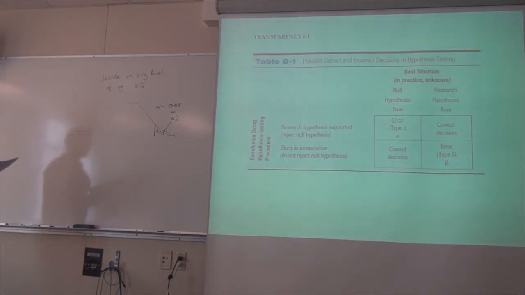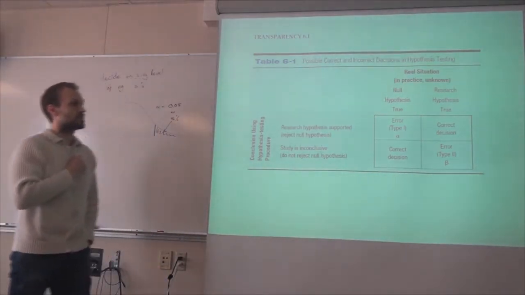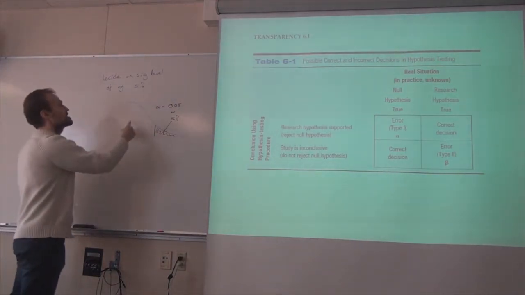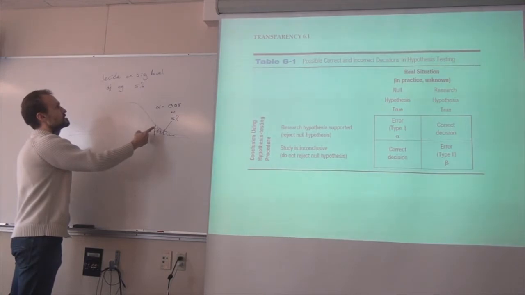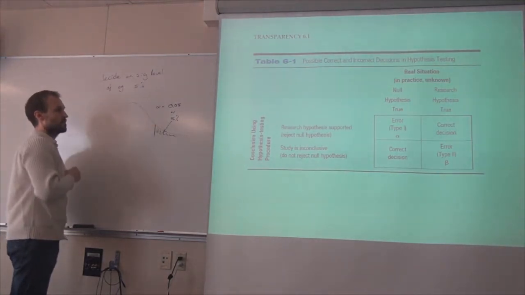So how do you think my probability of a type 2 error is going to change if I pick different alpha values? So this I decide on. I pick 5%, or I pick 1%.